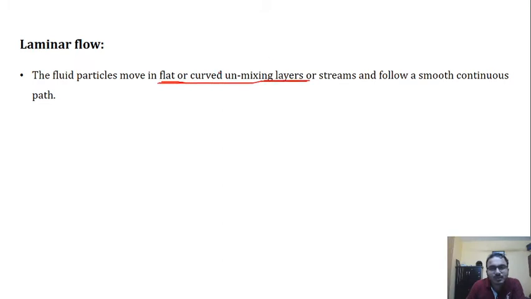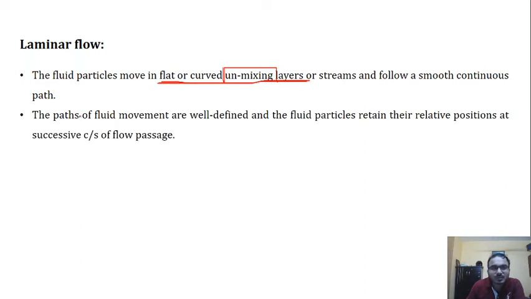The important part is unmixing layers as well as flat or curved streams, and they follow a smooth continuous path. Here the paths of fluid movement are well defined and fluid particles retain their relative positions at successive cross sections of flow passage. So here let us say that it is flowing in this way.